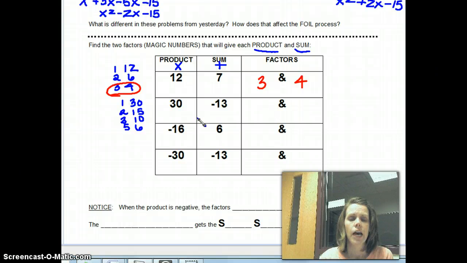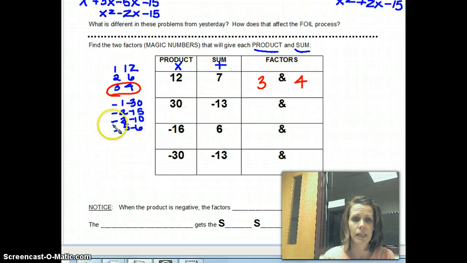-13 that way. However, if I want to multiply to be a positive and add to be a negative, one way I could do that is by making both of the numbers negative. So if I made every single term negative, let's see what happens. So will any of these add to be -13?